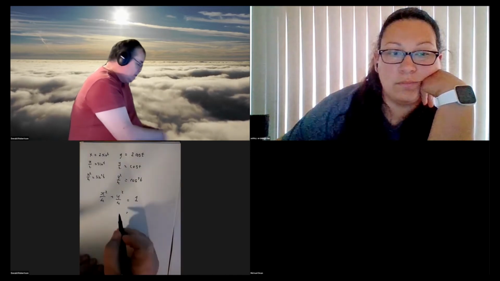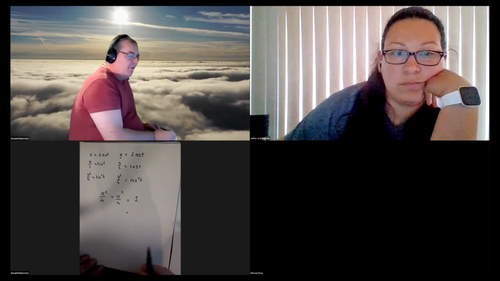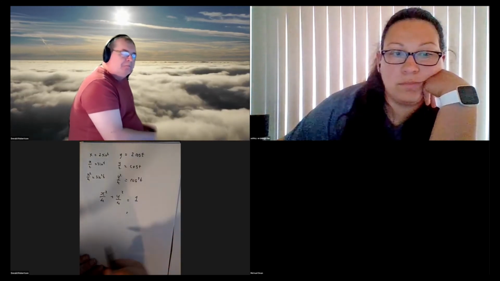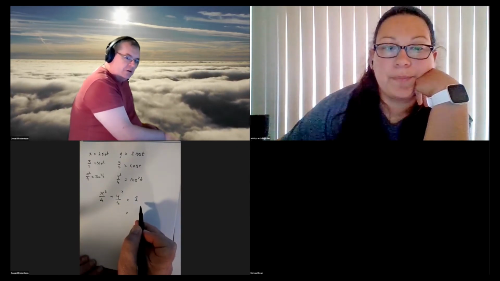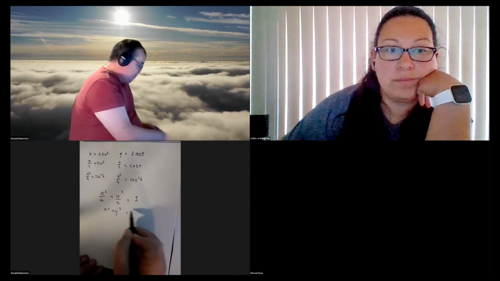Square root? Oh no, don't go that way. I know what you're thinking. But don't go that way. Think of multiply. Multiply both sides by 4. And what you get is x squared plus y squared equals 4.